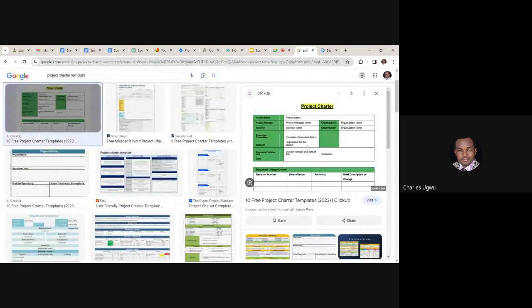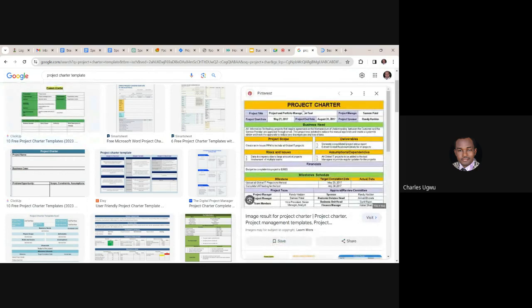Look at this project charter. It's a very small document, but it's very, very powerful. This is how it looks, but you can see it carries everything here. Here is another project charter document. This is how it looks.